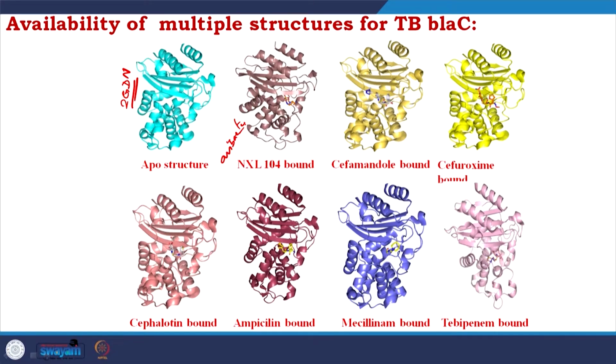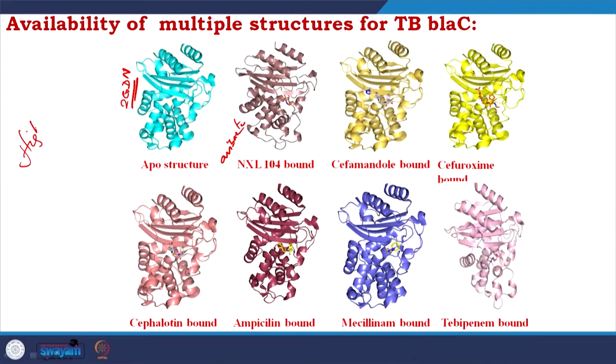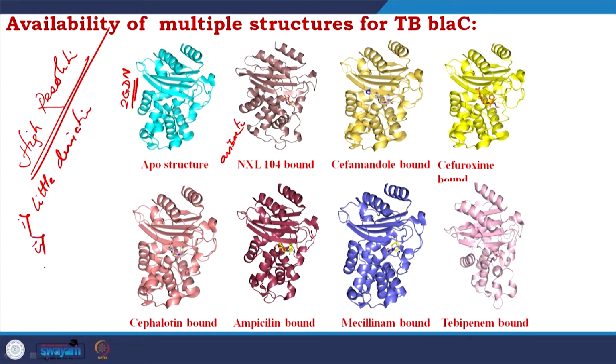So, there exist different structures of the complex, and they are all high resolution structures. They are of the same protein, but if you compare them, you see little deviations, you see binding residues, you see loop movements. All of this information is extremely critical towards the designing of the drugs.